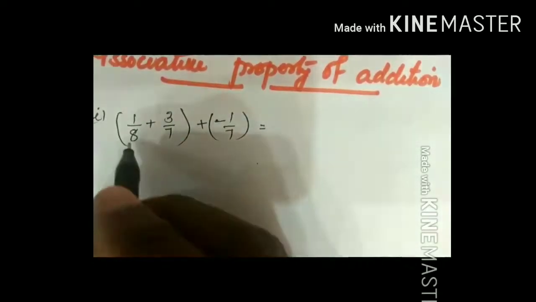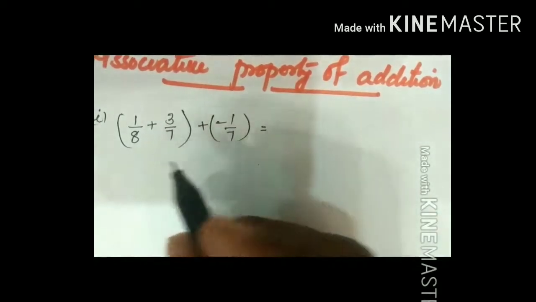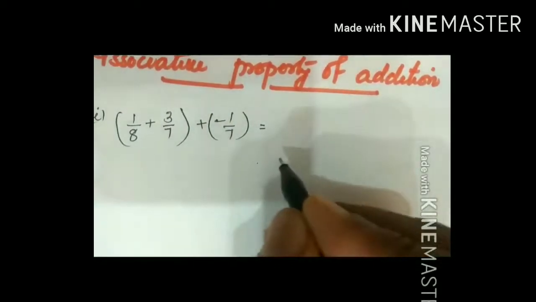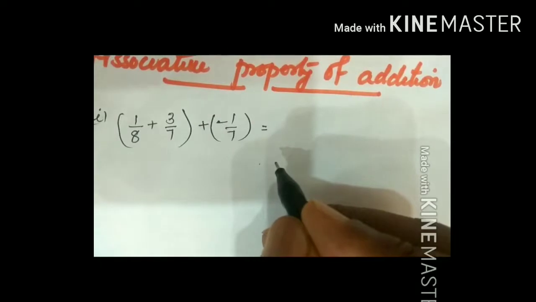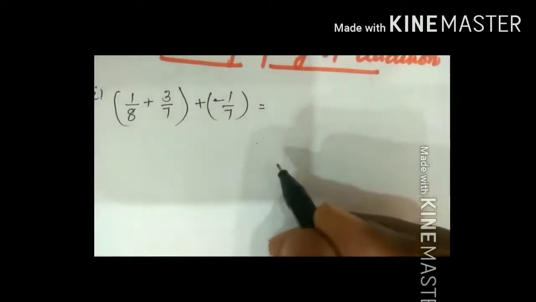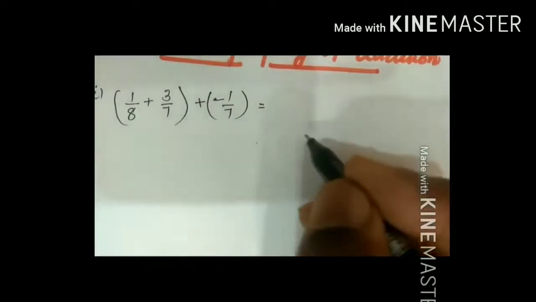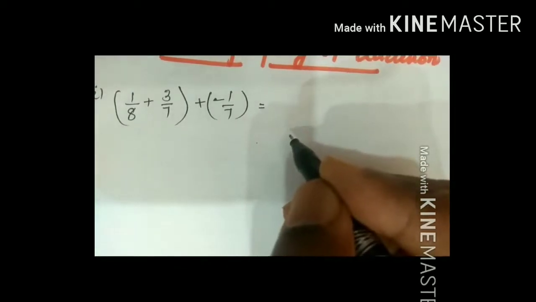Let's do here. In case 1 by 8 plus 3 by 7, the denominators are 8 and 7. So since the denominators are different, we have to take the LCM. What's the LCM of 8 and 7?